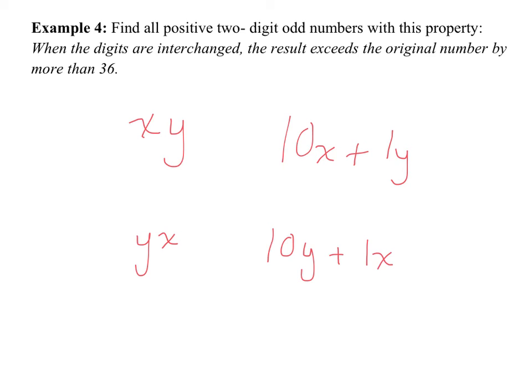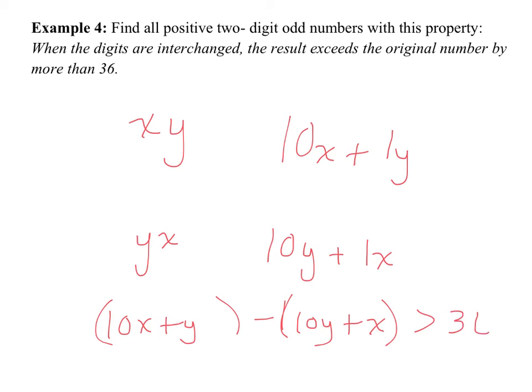And what do these have to differ by? More than 36. So you could just literally subtract the two and set it greater than 36. So you could say 10x plus y minus 10y plus x is greater than 36. Again, it's difficult at first to see it, but if you go through the values, this unit spot is worth 1.